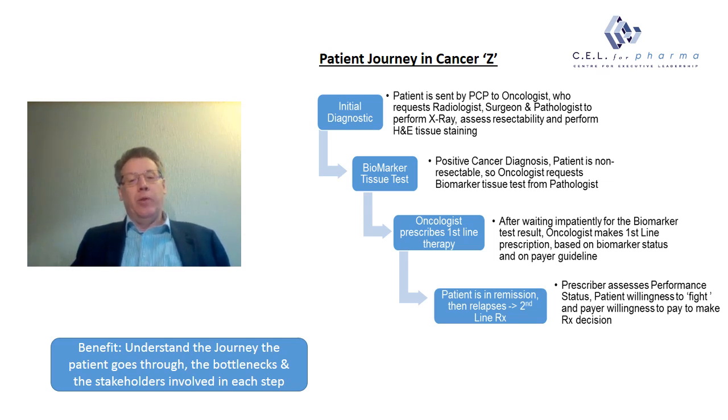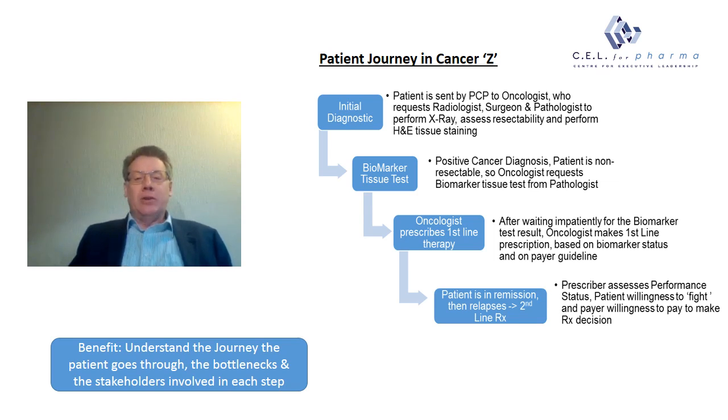The next step will then be that after there is a positive cancer diagnosis, and after it has been determined that the patient is non-resectable, the oncologist will request a certain number of biomarker tissue tests from the pathologists. The next step is that the oncologist will be waiting impatiently for the biomarker test result in order to determine the treatment of choice.